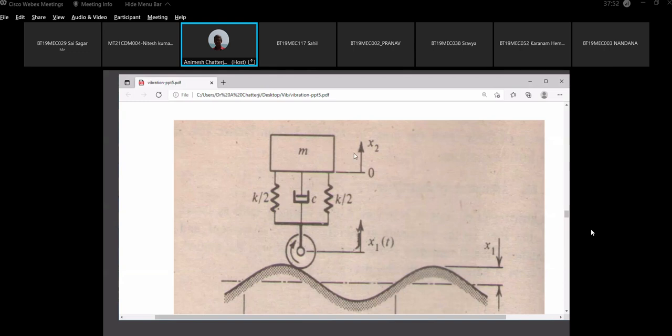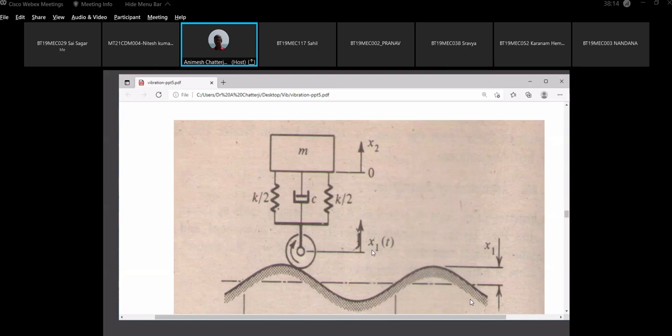How much X2 will depend on x1 is represented by a term called motion transmissibility. In force transmissibility, we compare transmitted force with respect to actual force.